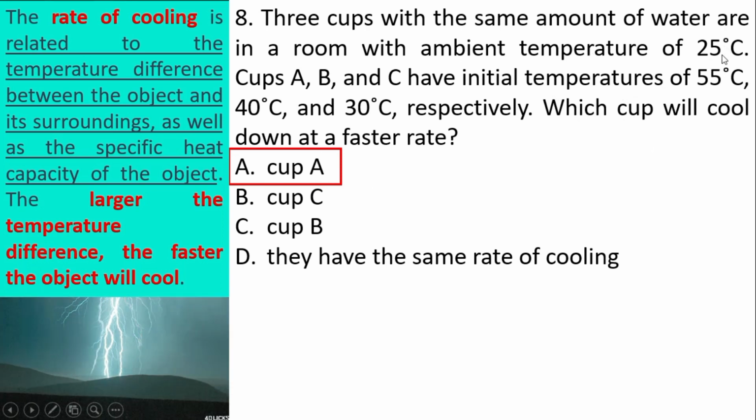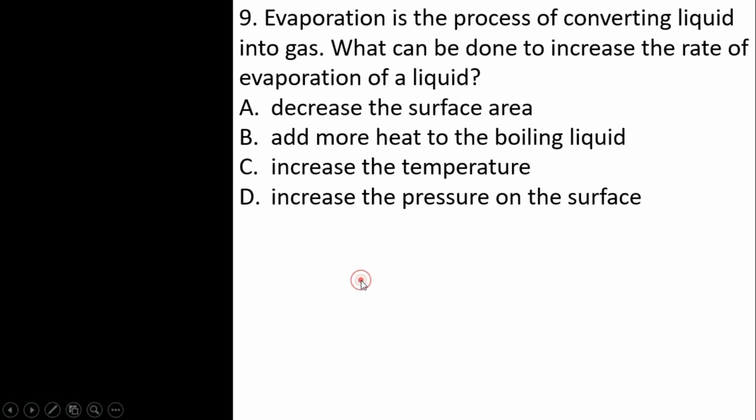So, 55 minus 25, that will be 30. 40 minus 25, that will be 15. 30 minus 25, that will be 5. So, cup A will have a temperature difference with the surrounding temperature of 30 degrees Celsius, which means cup A will cool down faster. Again, the larger the temperature difference, the faster the object will cool.